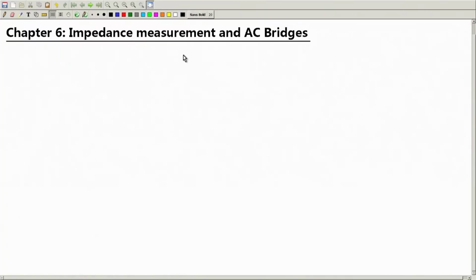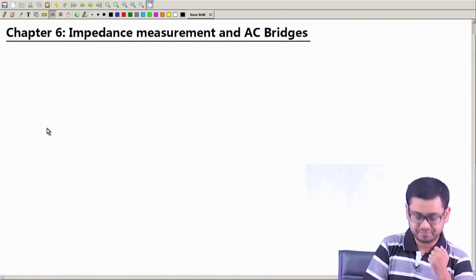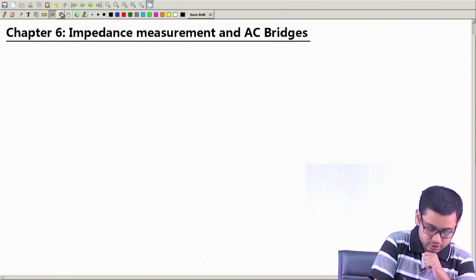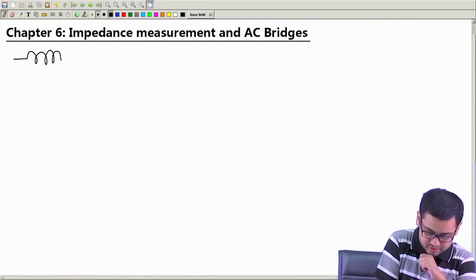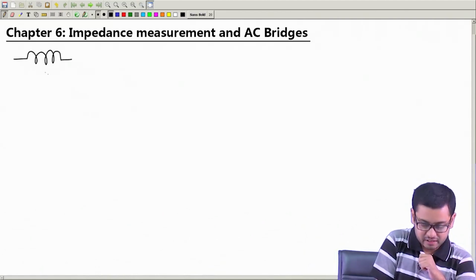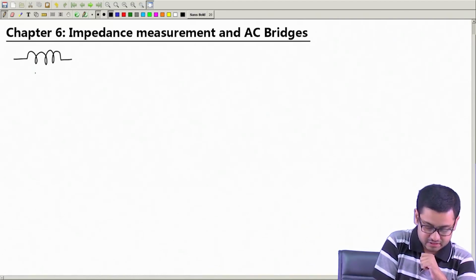So, before we go to AC bridges, we will talk about series and parallel equivalent of a practical inductance or a practical capacitor. Okay. So, when we draw this symbol, this is an ideal inductor.